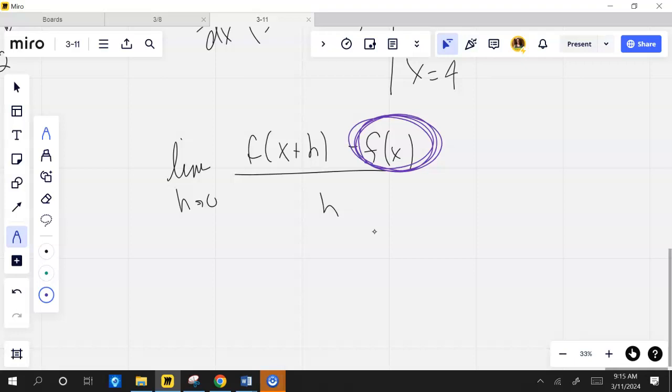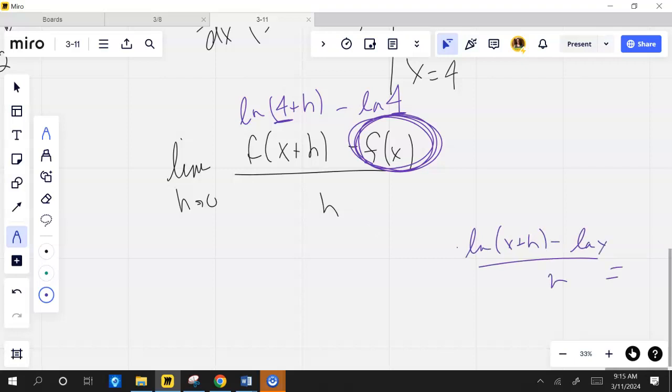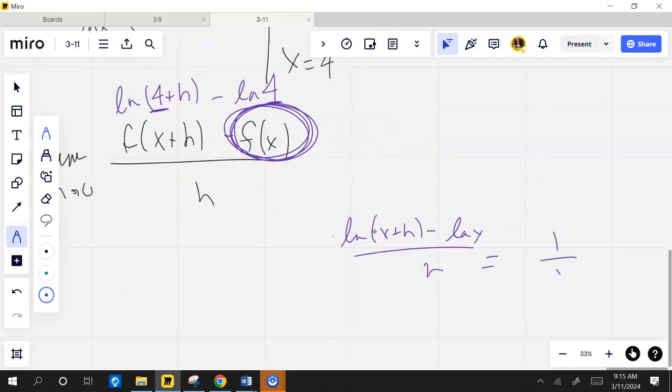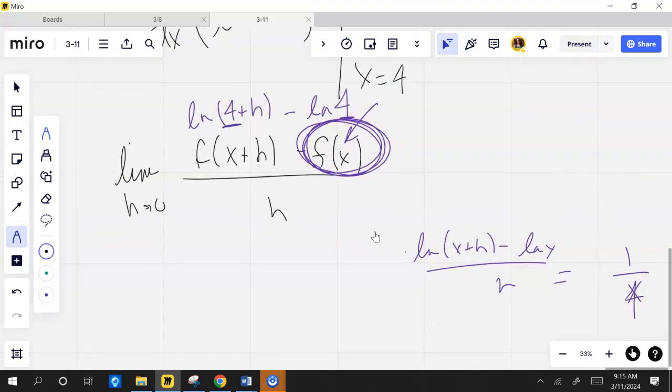In other words, this one, because you see how it's log of 4 plus h minus log of 4 over h. If it was log of x plus h minus log x over h, then that would just be the derivative of log x, which is 1 over x. But because there's actually a value plugged in there, just start trying to recognize this being that difference quotient.